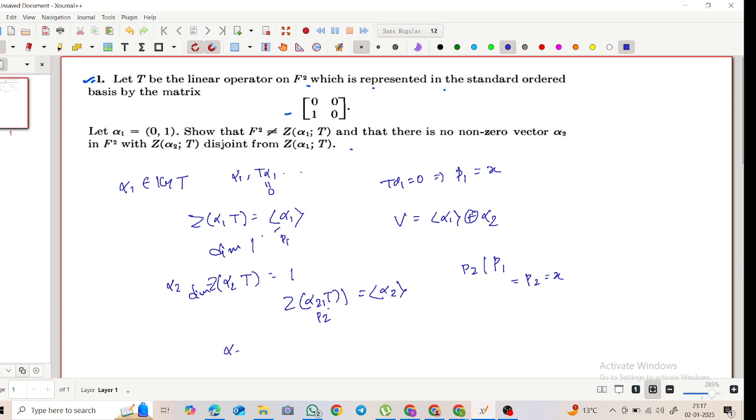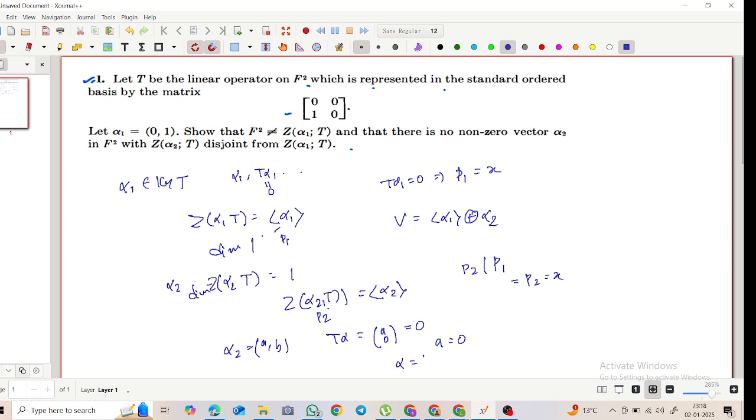So suppose alpha 2 is a comma b, then t alpha 2 is what? It is a comma 0, and it is 0 because alpha 2 has to be in the kernel, so a equals 0.